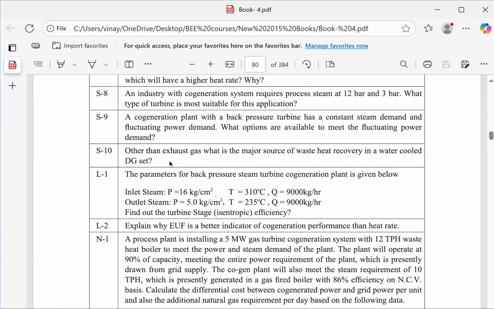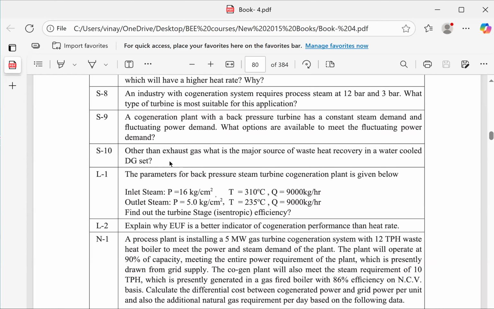Third is the cooler for cooling the inlet air going into the engine. So these three coolers recover waste heat from the DG set. The hot water generated by these coolers by absorbing the heat from the DG set can be recovered suitably by supplying it for any process, right?